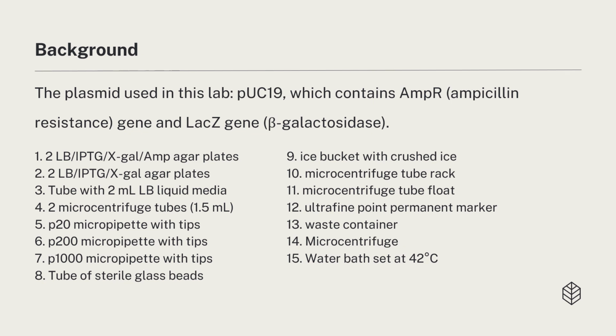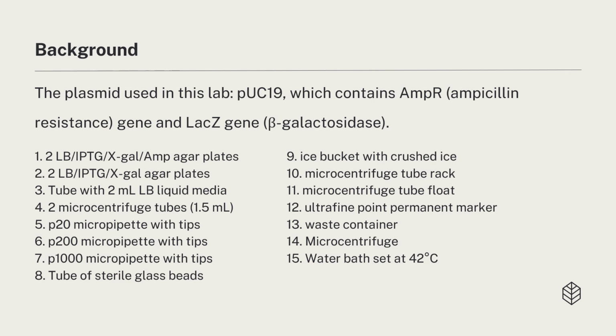Before starting the experiment, you need to understand some background information. In this experiment, we are going to use the pUC19 plasmid, which contains the AmpR gene. This is a gene for ampicillin resistance, and also the lacZ gene, which encodes the beta-galactosidase.